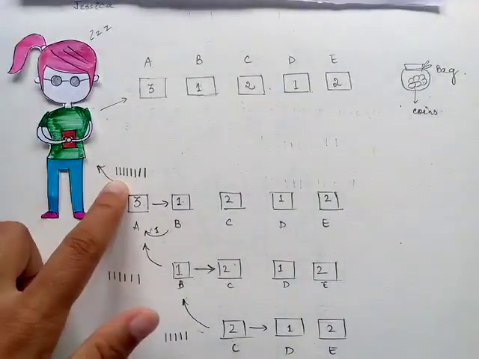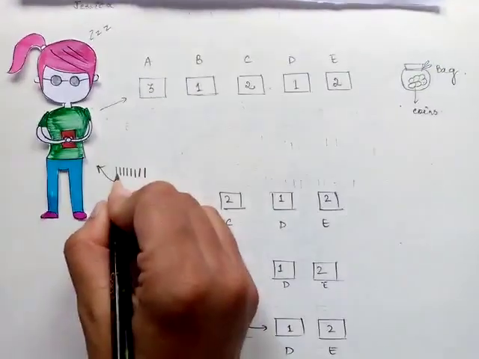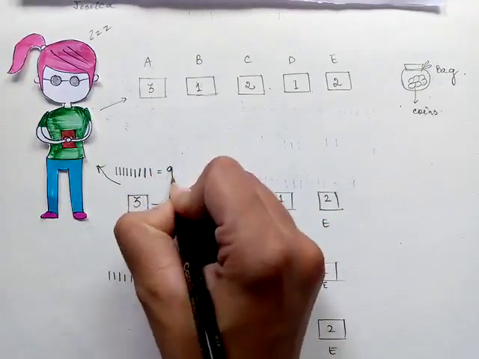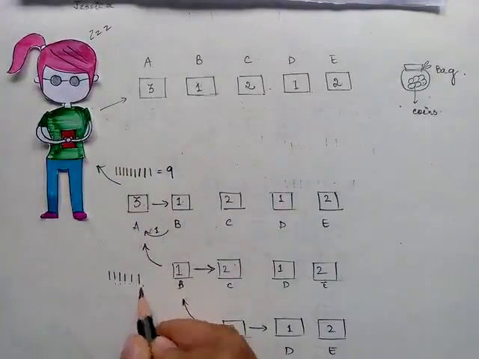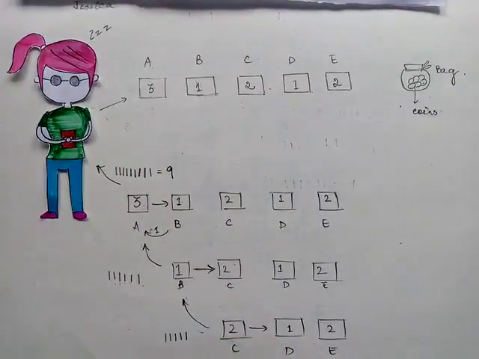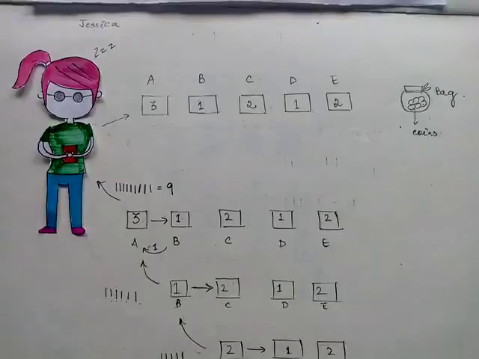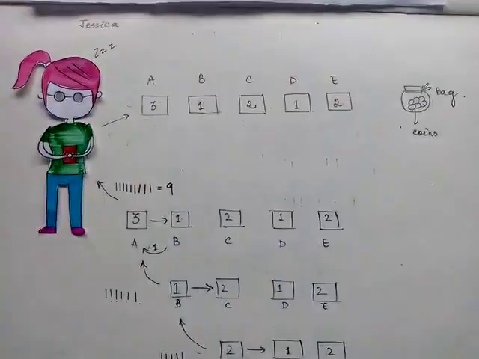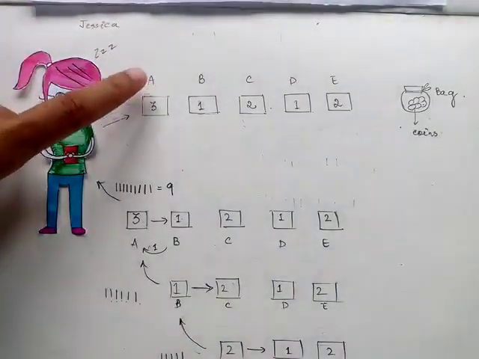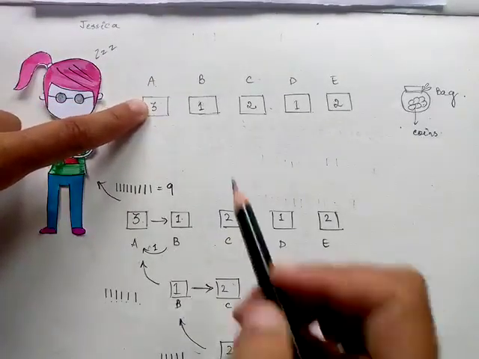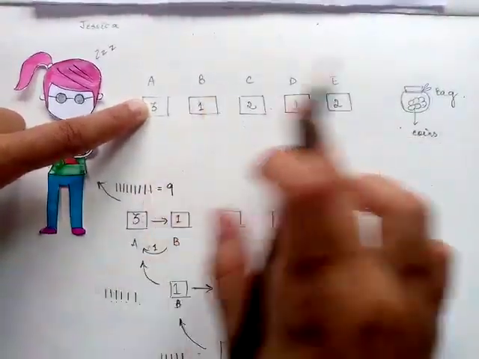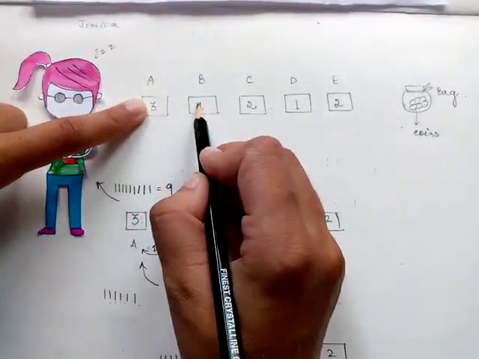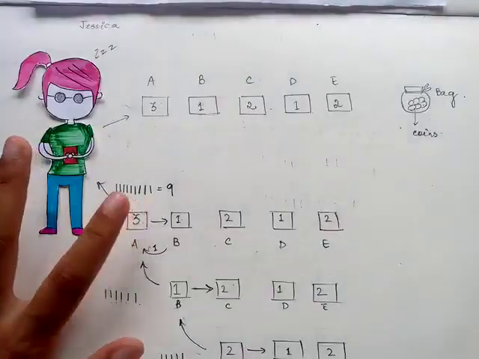So Jessica counts the number of coins and it turns out to be 1, 2, 3, 4, 5, 6, 7, 8, 9. If you observe closely, what person A decides is that he himself has 3 coins and he asks the rest of the team how many coins they have, so that he can add his number of coins to the rest of the team's and get the total number of coins.